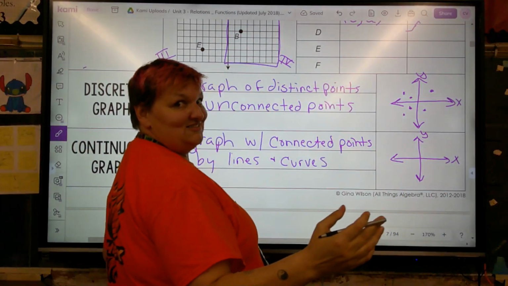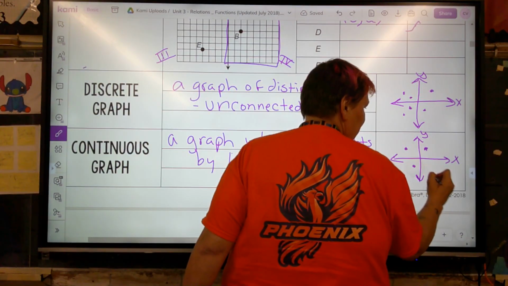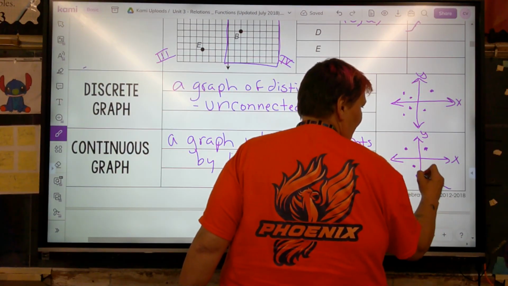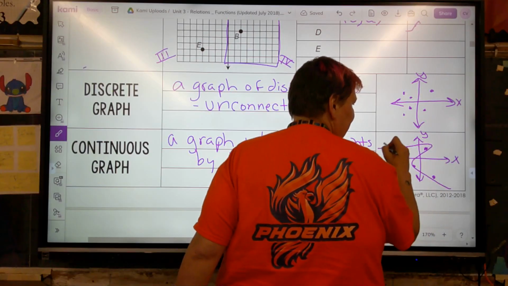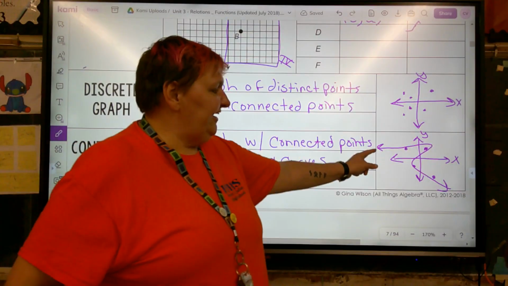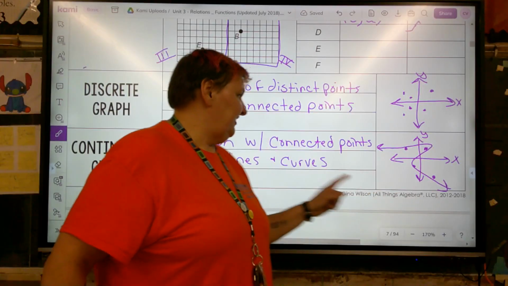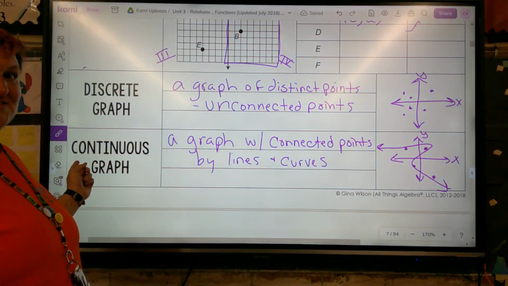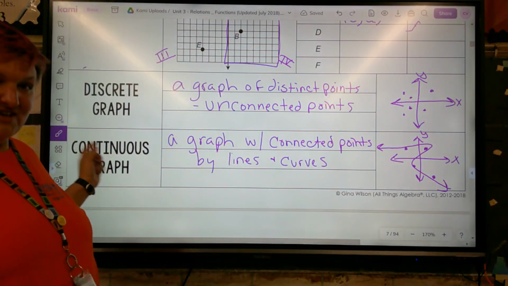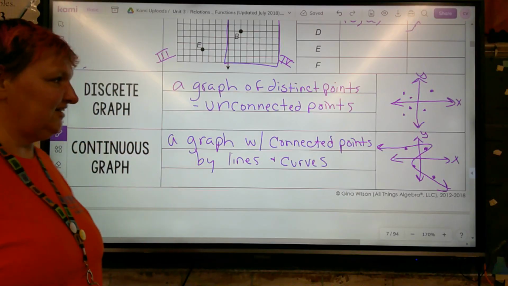It's good practice. Points. And because now there's a line that connects them, and the line goes on forever. It tells us this goes on forever. It's continuous. It never ends. Now it's a continuous graph because they're connected. That's it. That's the difference.